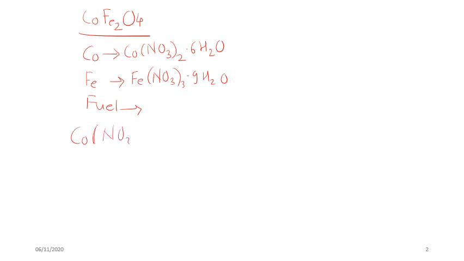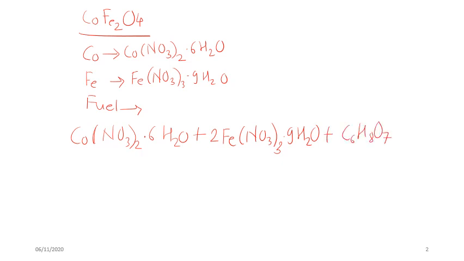Co(NO3)2·6H2O plus 2 times ferric nitrate plus C6H8O7, which gives us CoFe2O4 plus NO2 plus H2O plus CO2.